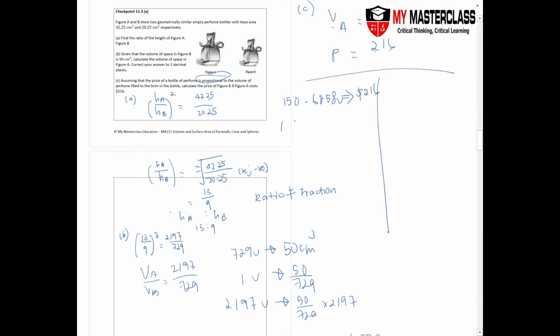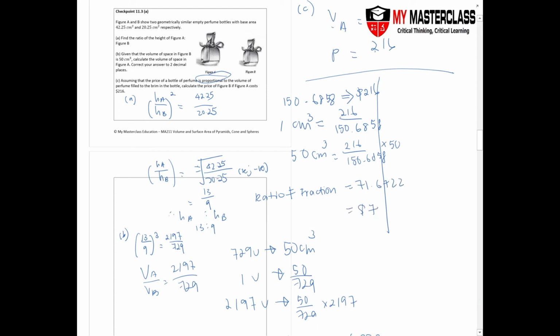So for every one cm cube, you're saying it is 216 divided by 150.6858. Then you apply figure B, which in this case is 50, so you just multiply by 50. 216 over 150.6858 multiplied by 50 should give you 71.6722.